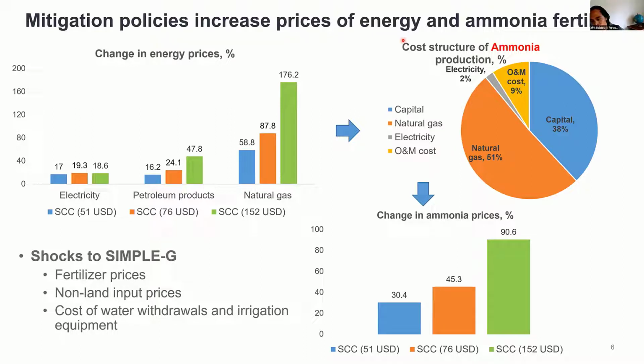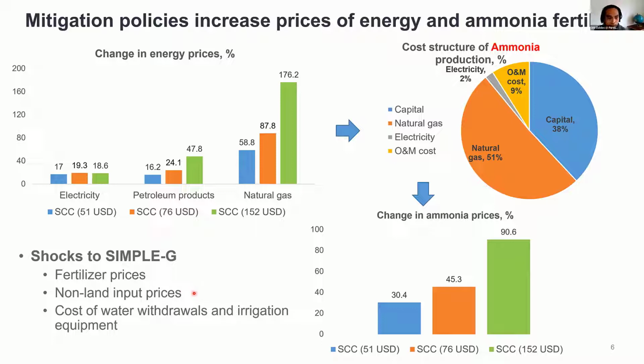We get information from changes in energy prices and cost shares in the production of ammonia, which we equate to nitrogen, and that gives us the changes in nitrogen fertilizer prices. Specifically, at a social cost of carbon of 51 you have about a 30% increase, 45% at 76, and up to a 91% increase at $152 per metric ton of CO2 emissions. So that's one input that we're passing.